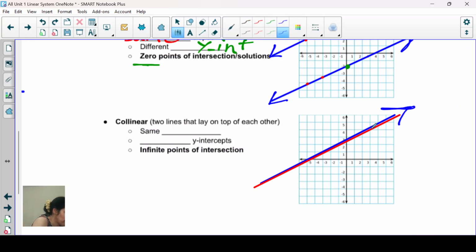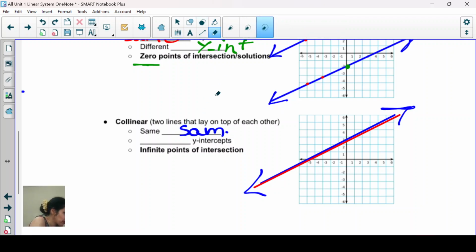They are collinear. If you notice, they have the same slope. Sorry, I need to write this slope. And the same y-intercept.